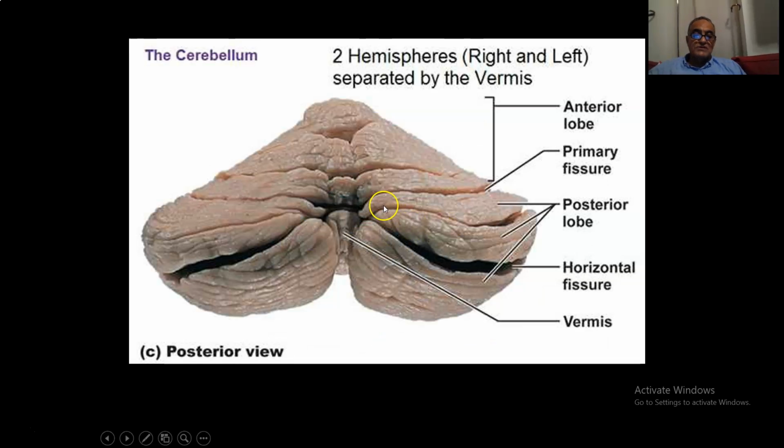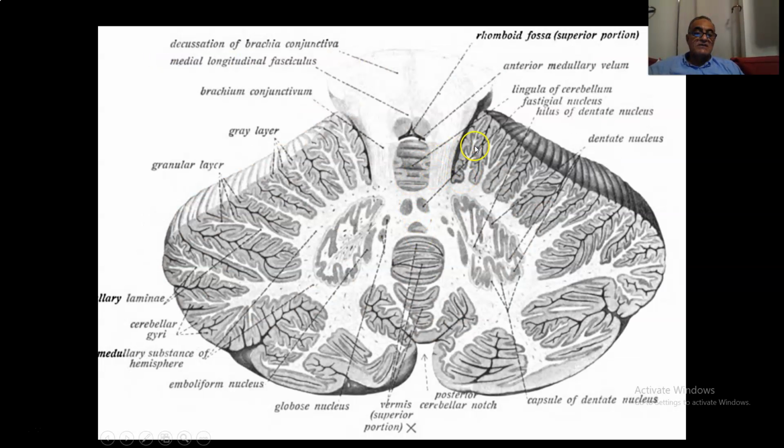And this is another view of the cerebellum, showing the two hemispheres and showing the primary fissure separating the anterior lobe from the posterior lobe of the cerebellar hemisphere, which contains the horizontal fissure. This is an internal structure of the cerebellum, showing, as we said, the biggest and the most important and the cornerstone nucleus in cerebellar connections, which is the dentate nucleus.